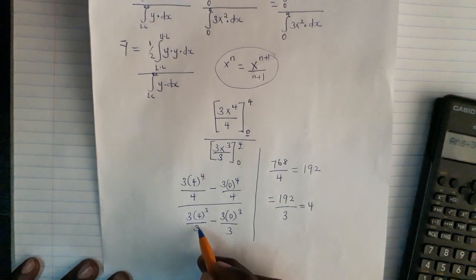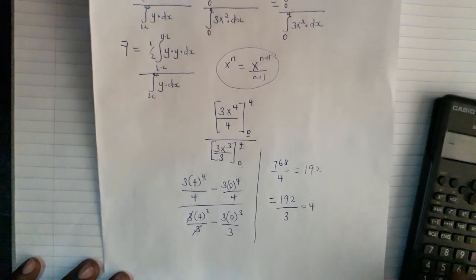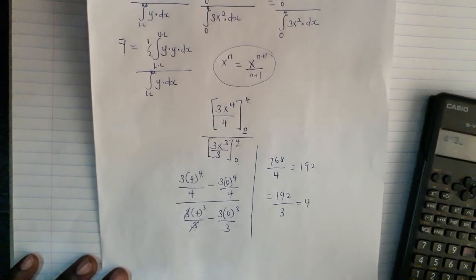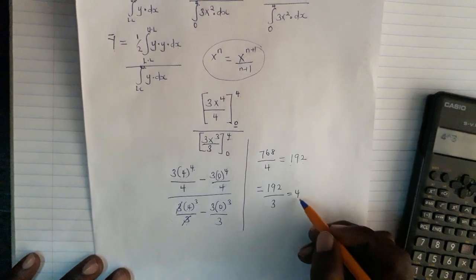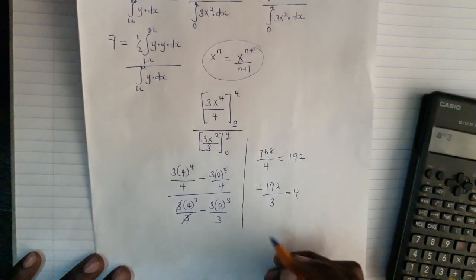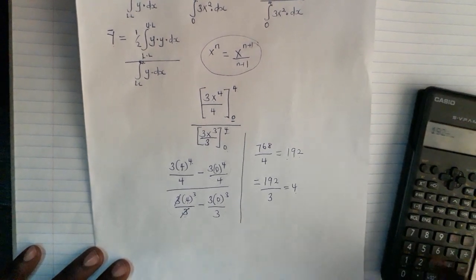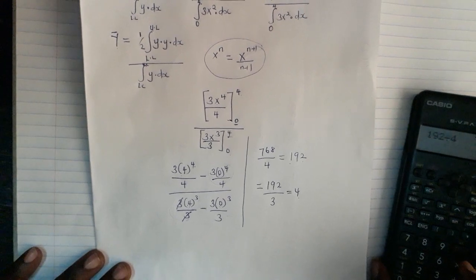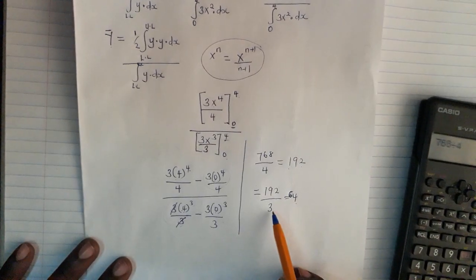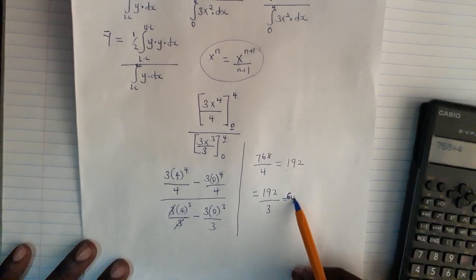Or else you can just cancel this one and this one, and then 4 power 3, you get 64. So you take 192 divided by 4. 192 divided by 4, it gives us... so 192 divided by 3, you get 64.